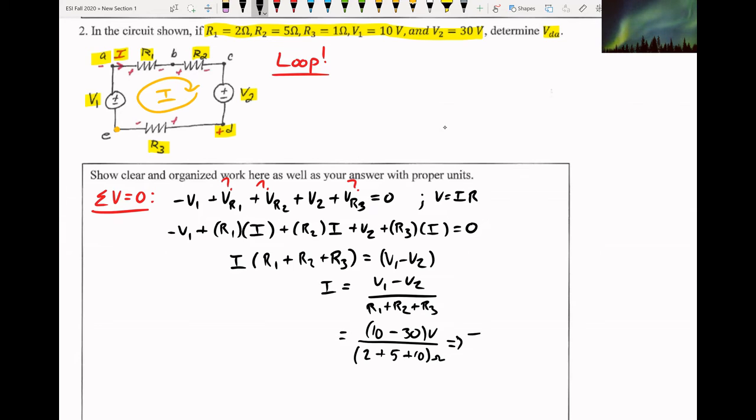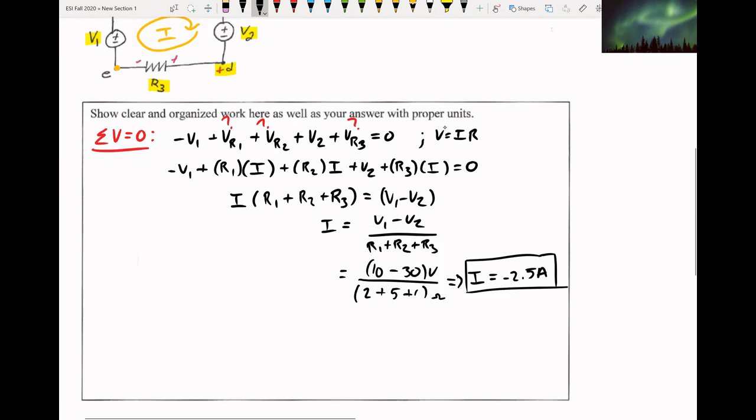So therefore, our I that runs through this circuit is going to be, and apologies, this is 1, not 10, negative 2.5 amps. Okay, so we now know the current that runs through the circuit.